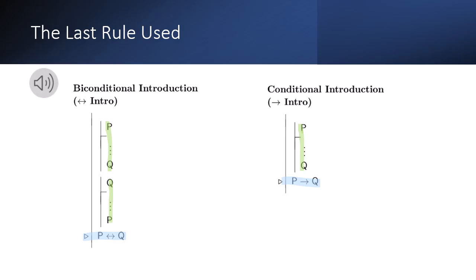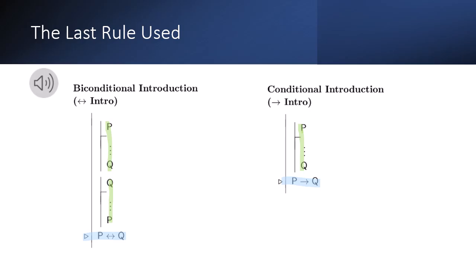Now, if we focus on the line in blue, that conditional, P implies Q, the assumptions in force in that line are almost identical to the ones in force at that line for Q highlighted in green. The only difference is that because Q is in that subproof that started with P, P is an additional temporary assumption.